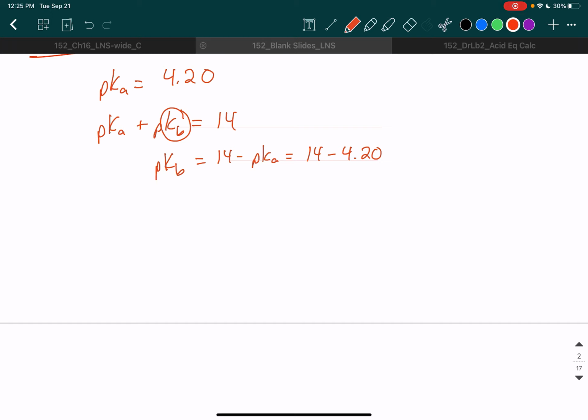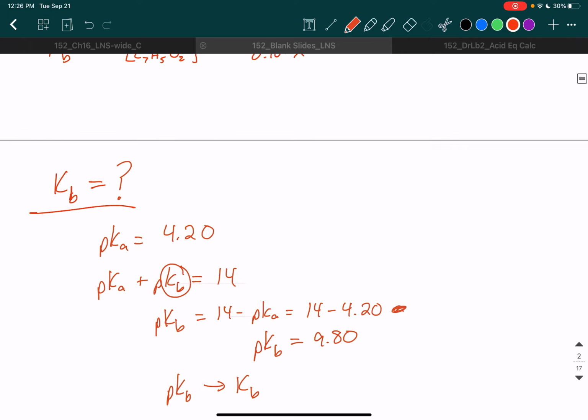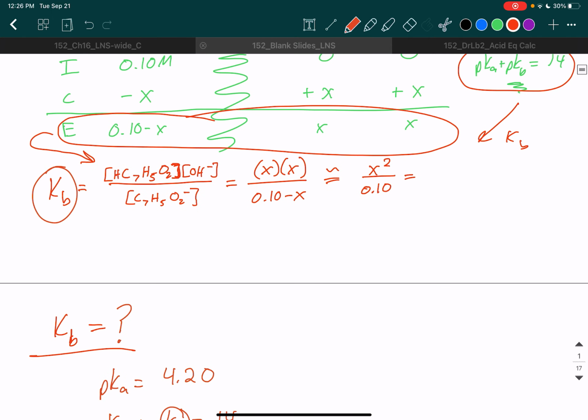That math is not too bad. Actually, let me just rewrite the thing. pKb of now 9.80. Okay, this is the new part. To go from pKb to Kb, which is what we need, right? It's the Kb. It's always dealing with that law of mass action expression.